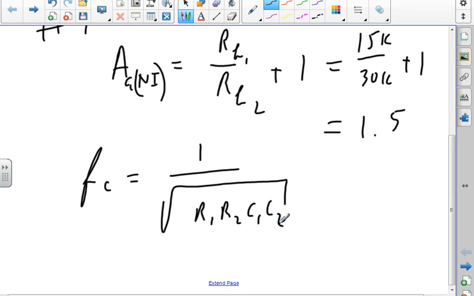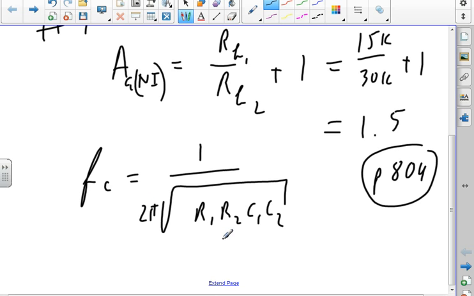No, I don't think so, not anymore. No, don't like that one either. I found it. Page 809. On page 809, I need a 2 pi thrown in.